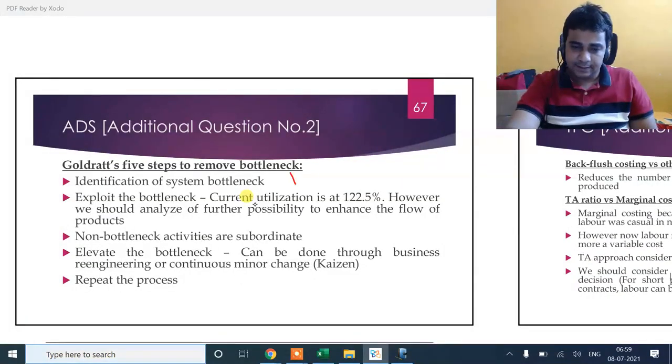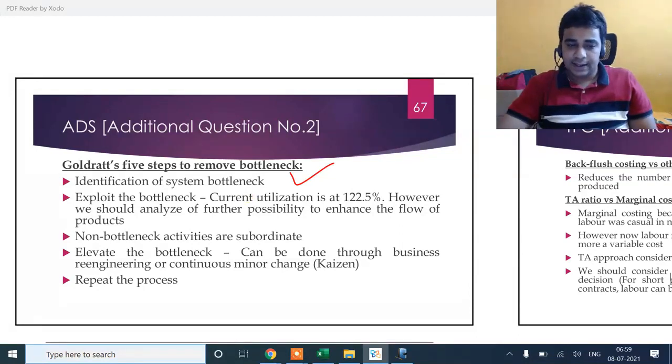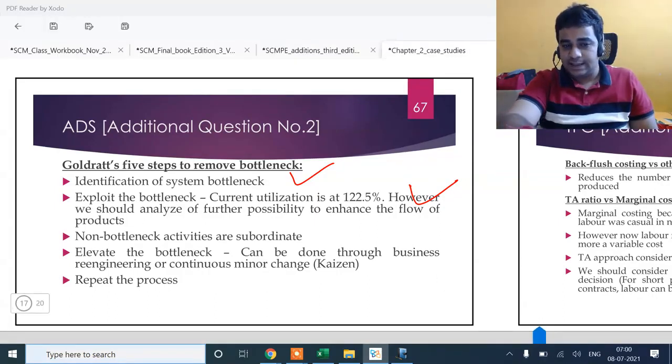Identification of bottleneck, current utilization, exploit the bottleneck. Non-bottleneck activities are subordinate. Elevate the bottleneck, which can be done through business reengineering, Kaizen costing, value analysis. Repeat the process, because you will see something else becoming a bottleneck.